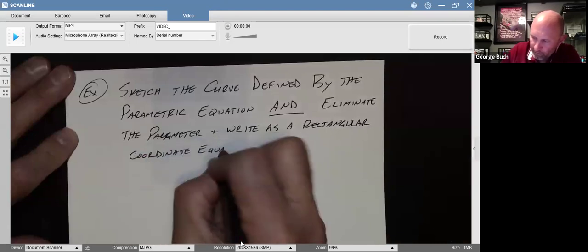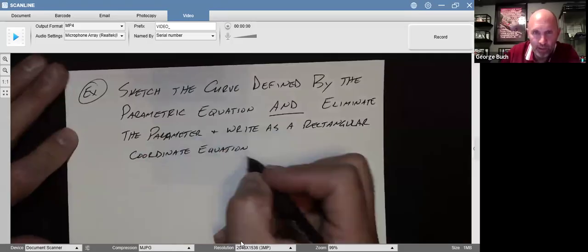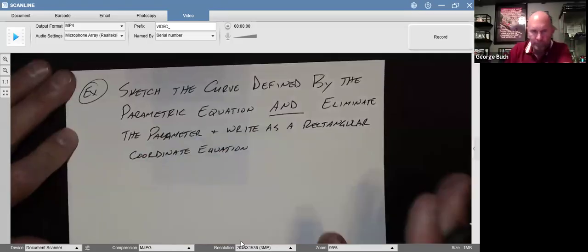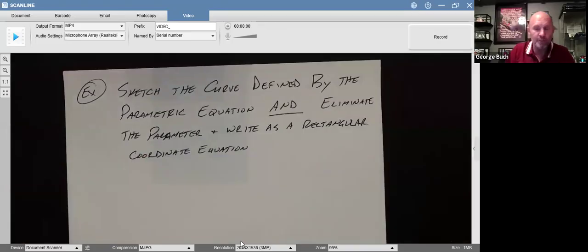And what that just means is get rid of all the parameters. Just write an equation that has x and y and numbers, maybe a square root, maybe an x squared, something like that.